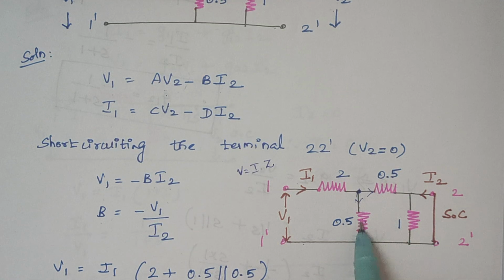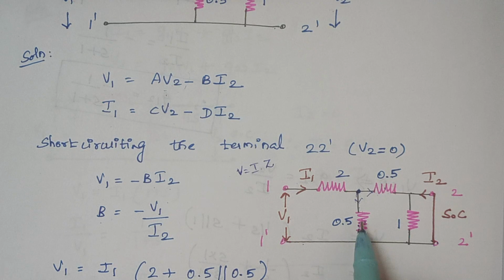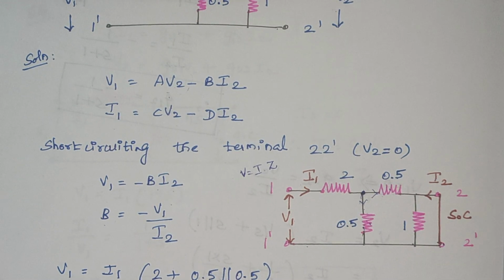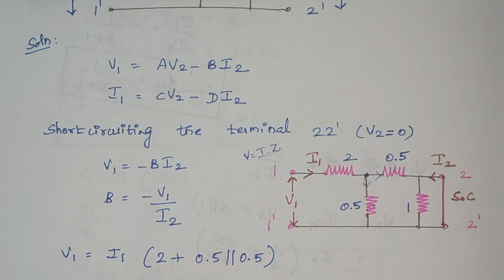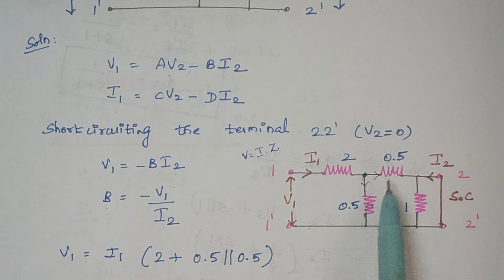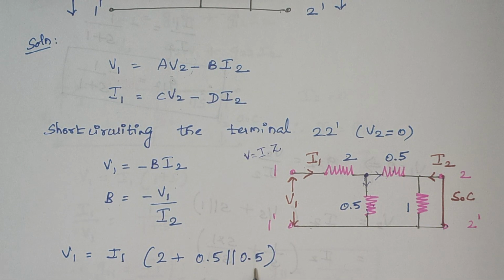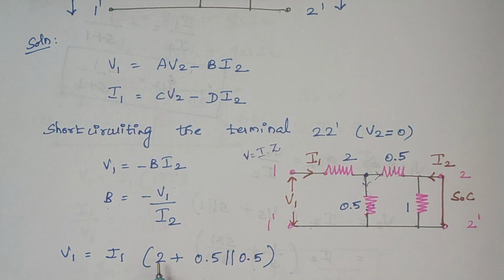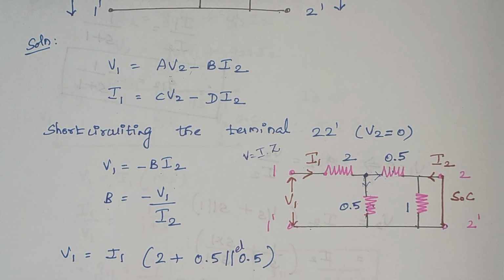That combination comes in series with this 2 ohm. So while writing the expression, V1 is equal to I1 into Z. Initially these two are connected in parallel, so 0.5 parallel with 0.5, and this combination comes in series with this 2 ohm. Therefore, 2 plus 0.5 parallel with 0.5.